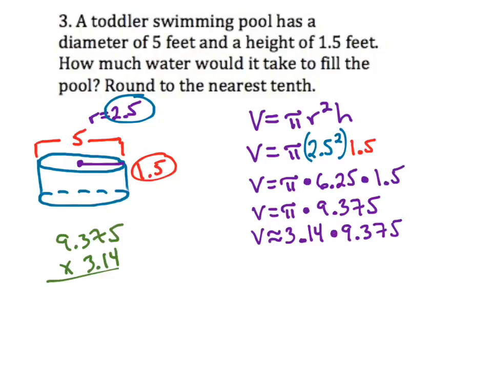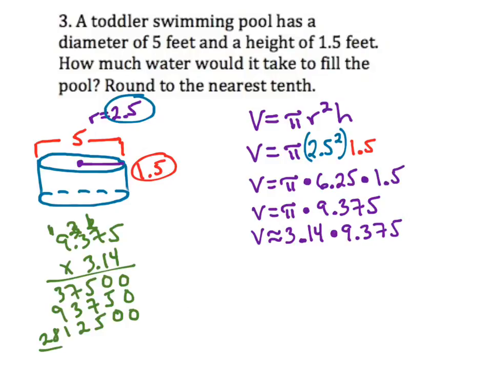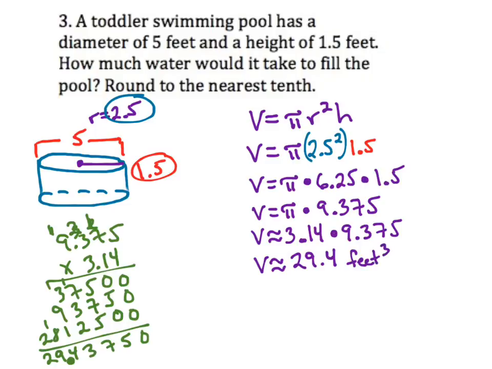This is going to be a while. Okay, 29.43, blah, blah, blah. I don't care anymore because it's just the nearest tenth. So 29.4. So volume is about 29.4 feet cubed, or you could say cubic feet.